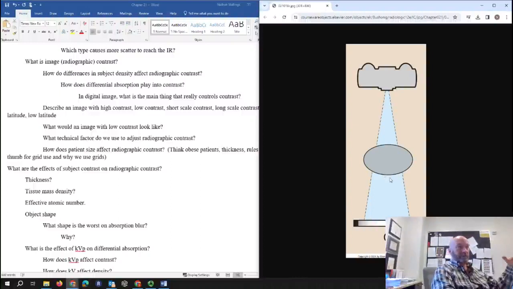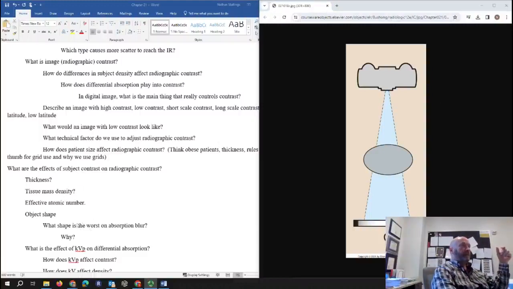Absorption blur: the difference in absorption because of the thickness of the structure, but also because of the change in OID, effectively OID, we're going to lose sharpness of recorded detail, plus we're going to lose some contrast, and that's what absorption blur is. It's caused by the shape of the structure.